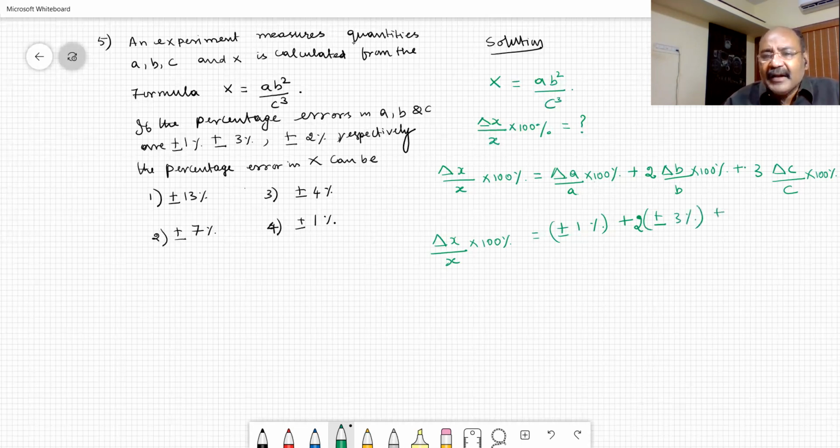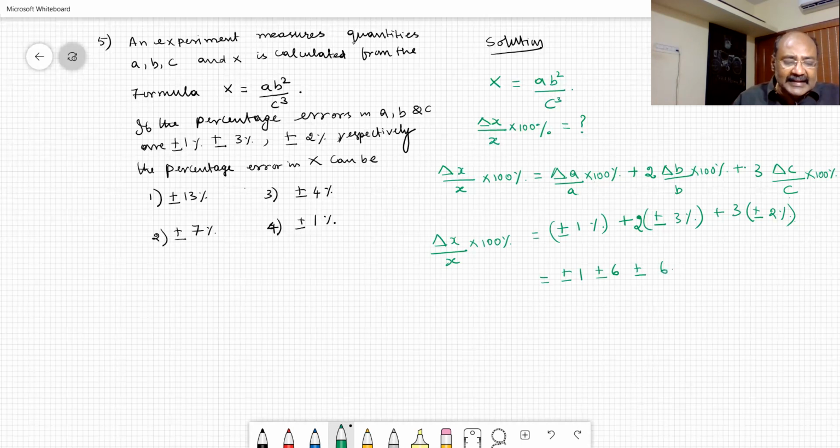Again plus 3 into plus or minus delta C by C into 100%, which is 2%. So on simplifying, I will get plus or minus 1, plus or minus 6, again plus or minus 6.